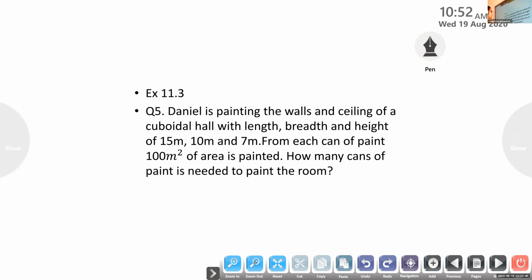From each can of paint, 100 meter square of area is painted. How many cans are needed to paint the room?